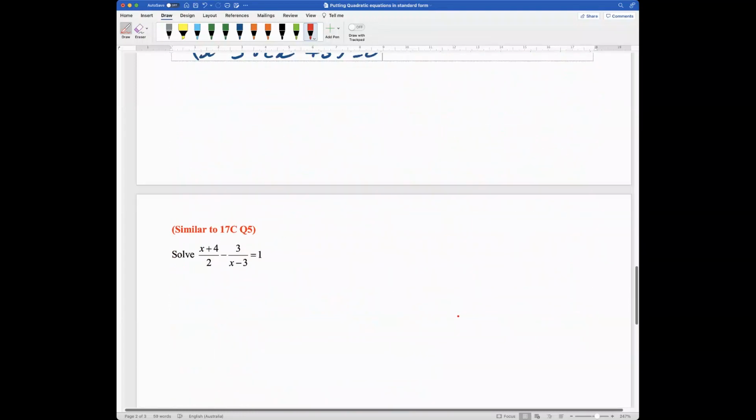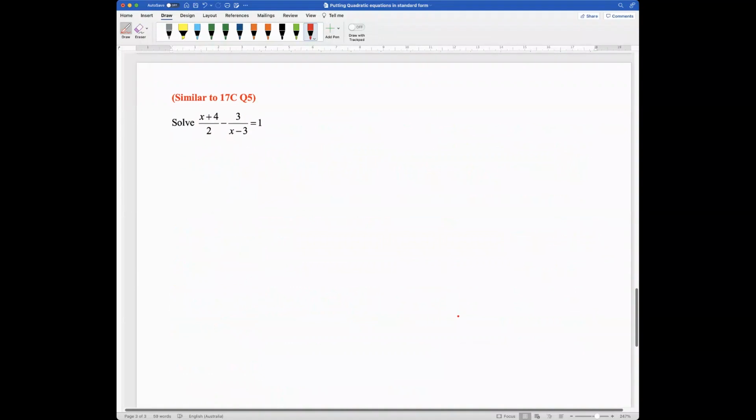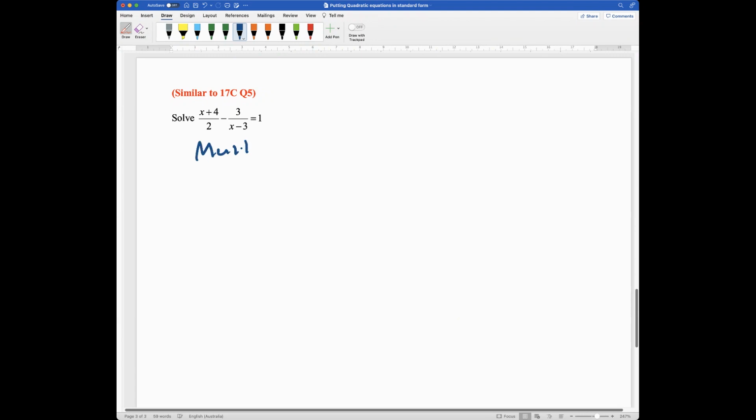All right, now last of all, we're going to look at 17C question 5. Now you notice we've got two denominators here. So what we're going to do is multiply by the product of those two denominators.